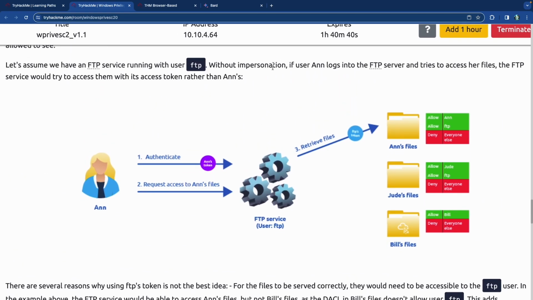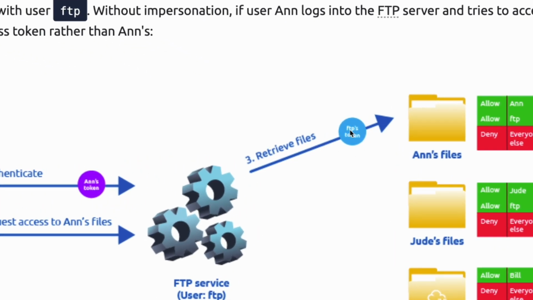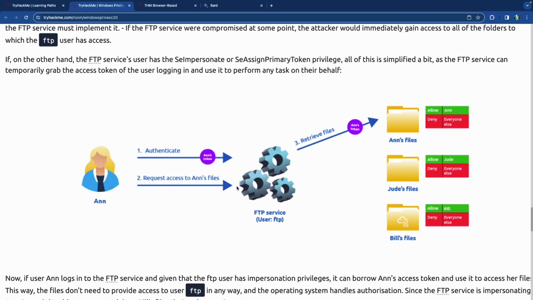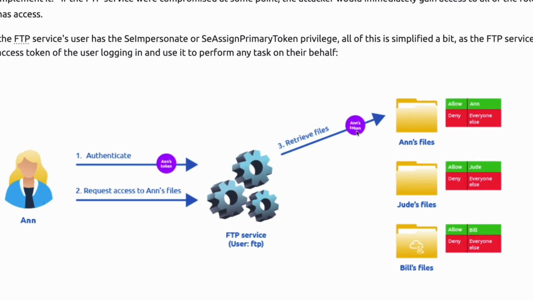And so in the situation that we saw, the FTP user was using the FTP token right here, but in this particular case, the FTP user is using Ann's token.